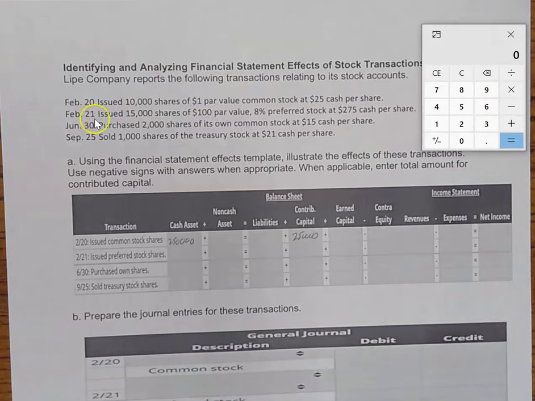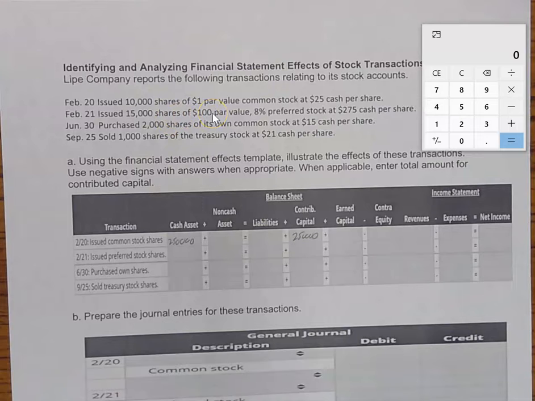February the 21st, we're going to issue 15,000 shares of $100 par value, 8% preferred stock at $275 per share. So we're issuing again, so we're going to be getting some money, especially if there's cash involved.